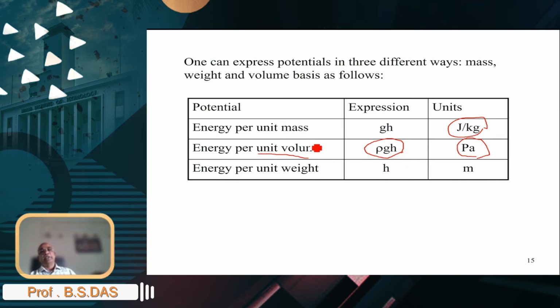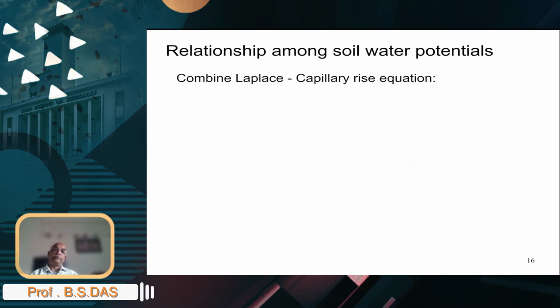For potential energy per unit volume, you have a Pascal, and if you are talking about a potential energy per unit weight, you have a length dimension, so it's a meter. So you can therefore describe these potential energies in three different ways: per unit mass, per unit volume, or per unit weight. Three different ways that you can express the same potential energy, right?